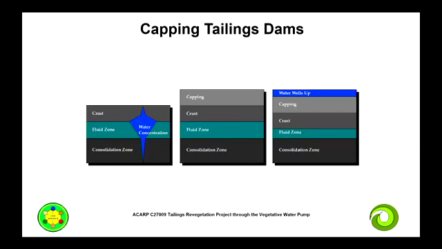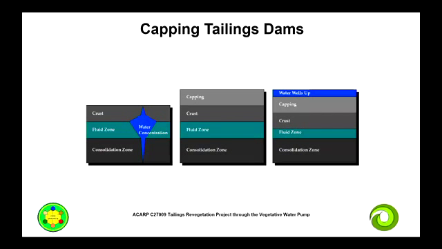This is really very dangerous because when you're either trafficking on this crust or doing an activity like capping with machinery, the vibration of this machinery causes the fluid zone to migrate to the surface and can cause substantial equipment or personal harm.